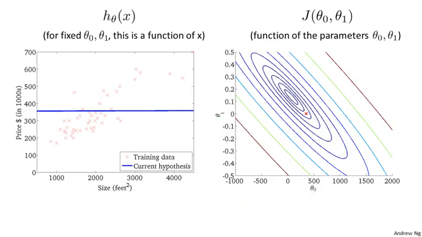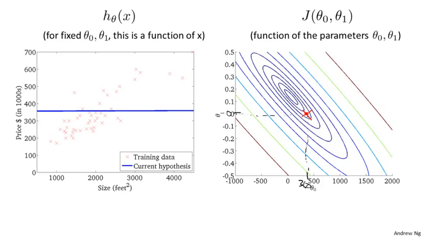Now here's a different hypothesis that's still not a great fit to the data, but maybe slightly better. So here, that's my point. Those are my parameters, theta 0, theta 1. And so my theta 0 value is about 360, and my value for theta 1 is equal to 0.